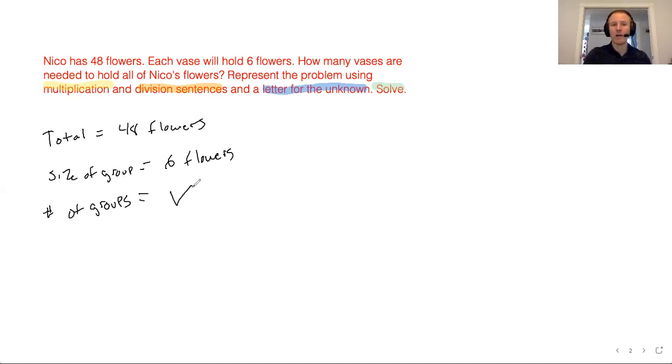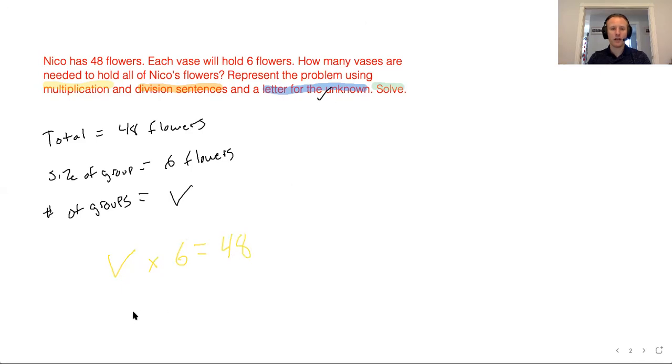So I already have my variable, letter to represent the unknown. I have my V. I just need to put it into my multiplication and division sentences. So my multiplication sentence, I can say V times 48. Oh, nope, I can't say that. V times 6 equals 48. Okay.